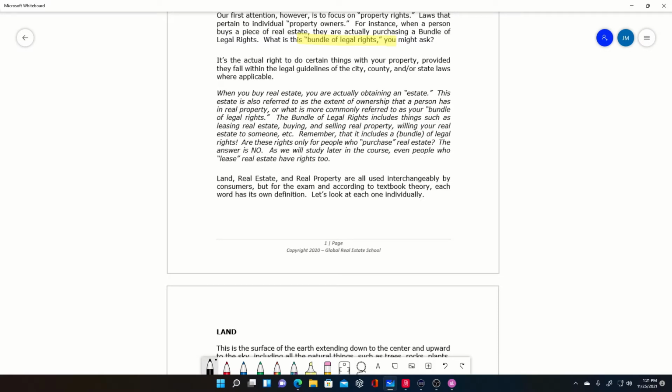And as you went through the chapter, remember there are definitions for land. There's also a definition for real estate, which could mean something totally different. And then we learn the definition of real property, real property.